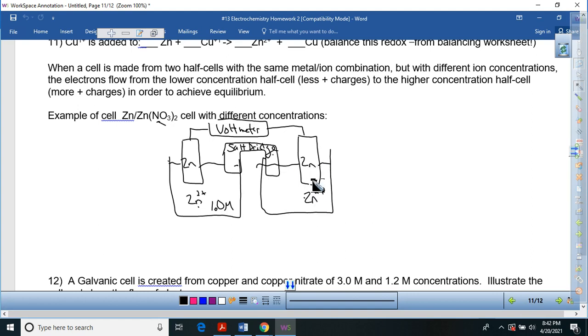Okay, let's say that we have the same exact half cell, but in this one, instead of a concentration of 1.0, it's 2.0. Okay, what does that mean to us? This side has more Zn2+ because it has a higher concentration.